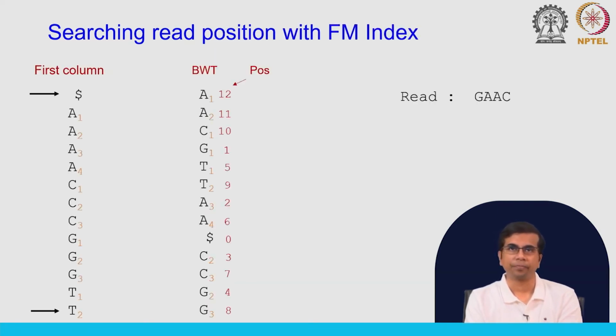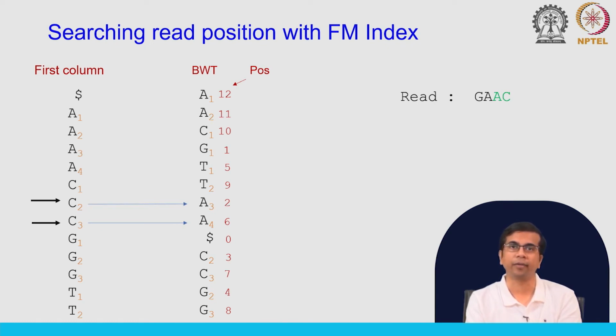Okay. All right. So, let us look at this example now, a slightly bigger read GAAC, using the same first column and same BWT. Okay. So, you have now learned this process very well. So, we have 3 C's and we look at the letter that occurs before C's.